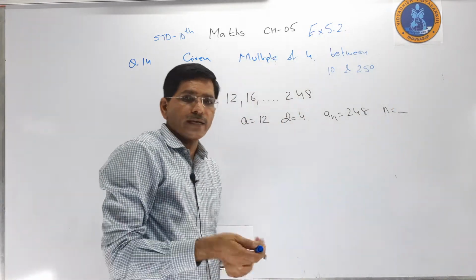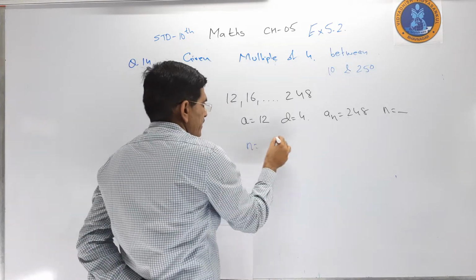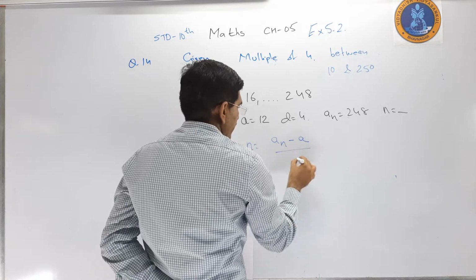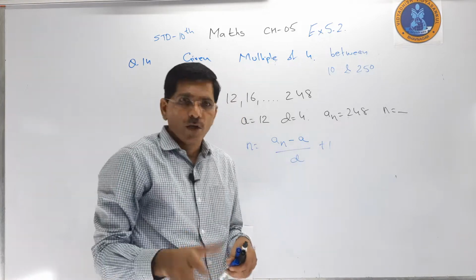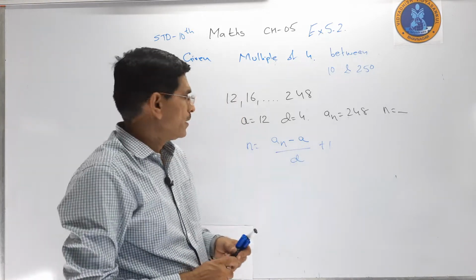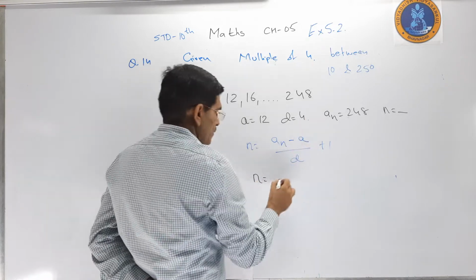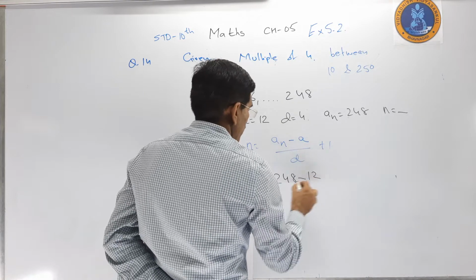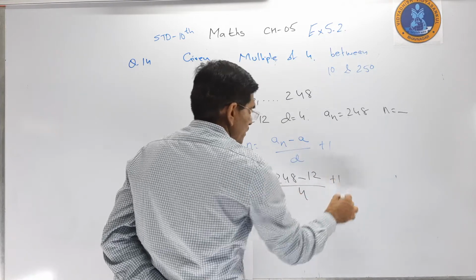So again I write one formula to find n directly: n is equal to (an minus a) divided by d, plus 1. That is the shortest formula. Now an is 248, minus a which is 12, divided by d which is 4, plus 1.